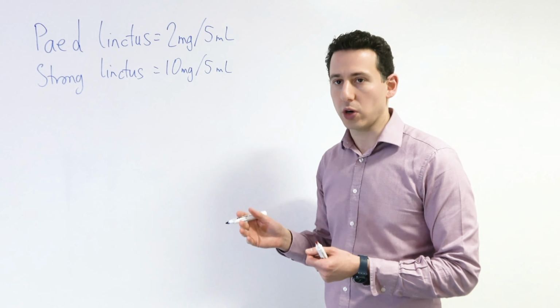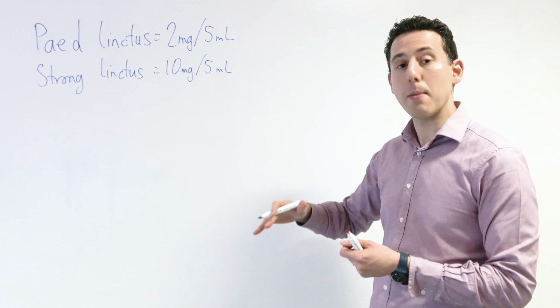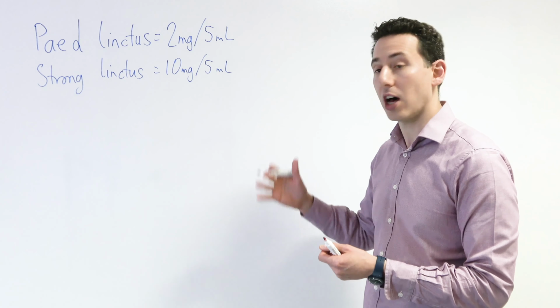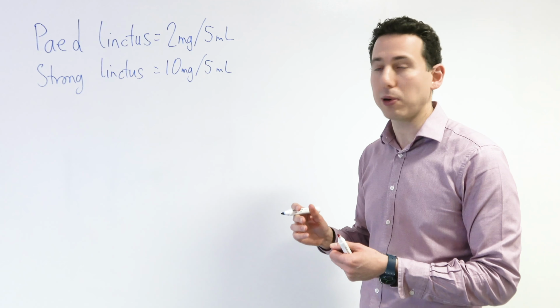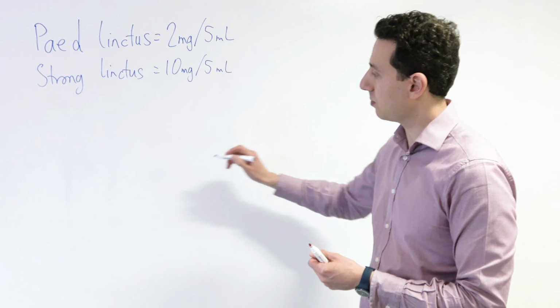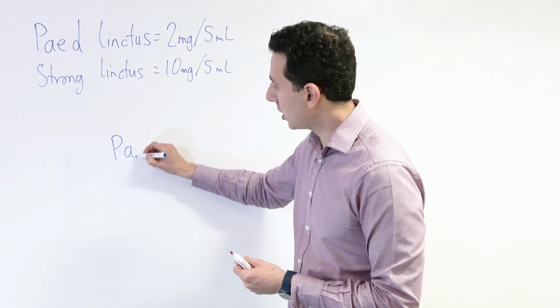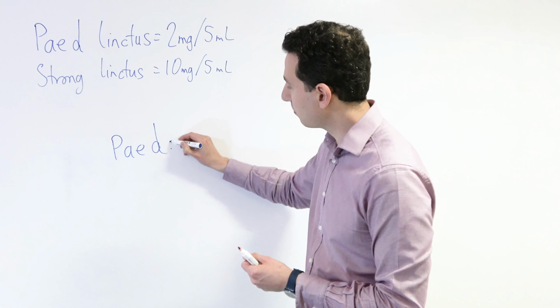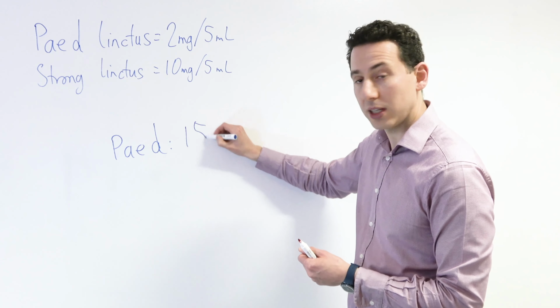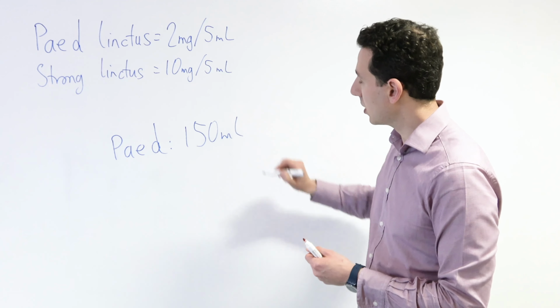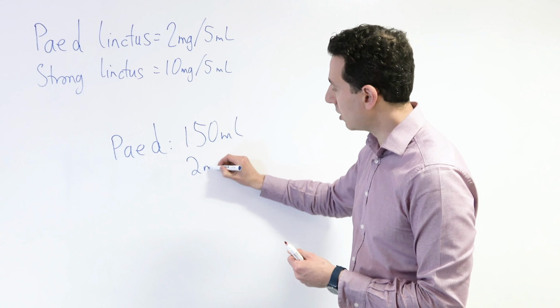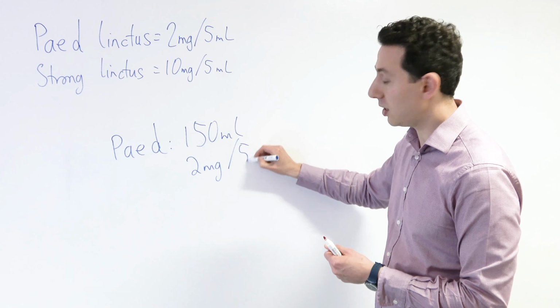So the first way to work this out is try and think about how many milligrams of Volcadine is in 150 ml, which we were going to supply of the paediatric linctus. So if we start here looking at the paediatric linctus, we need 150 ml, and the strength is 2 milligrams in 5 ml.